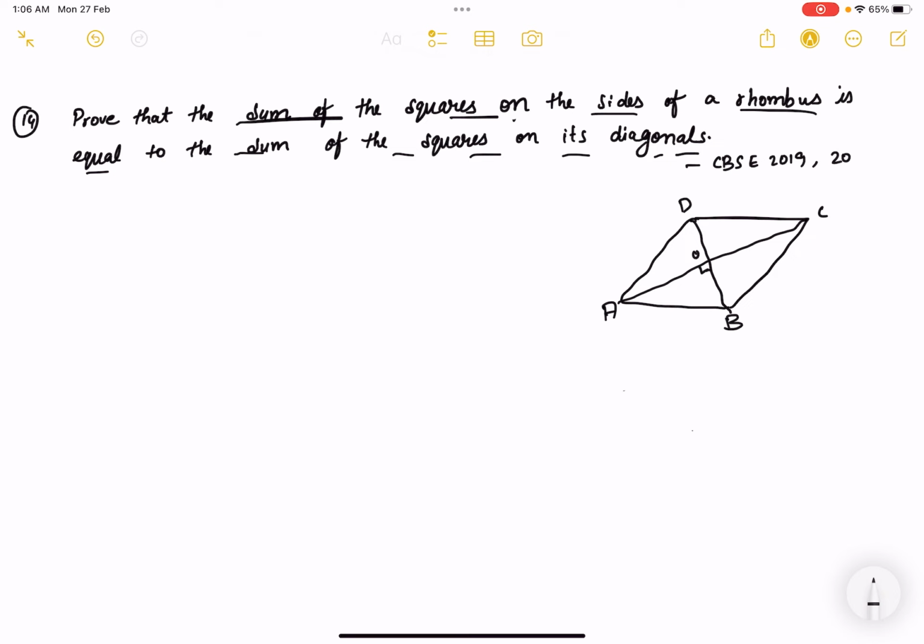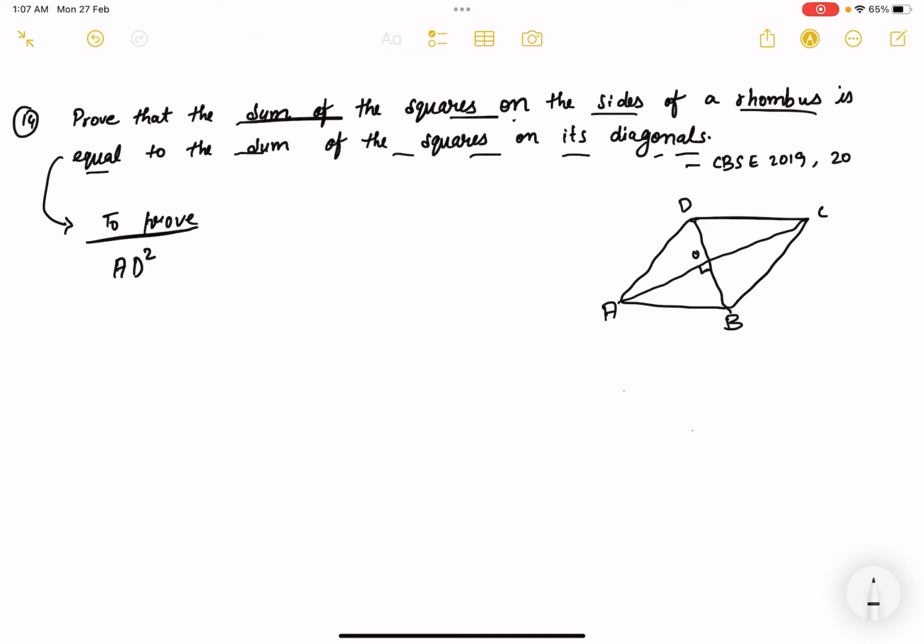So writing this statement in mathematical form, what we have to prove is that the sum of the squares on the sides of a rhombus, that means the square of all the sides, AD square plus DC square plus CB square plus AB square, is equal to the sum of the squares of its diagonals, that is AC square plus BD square.